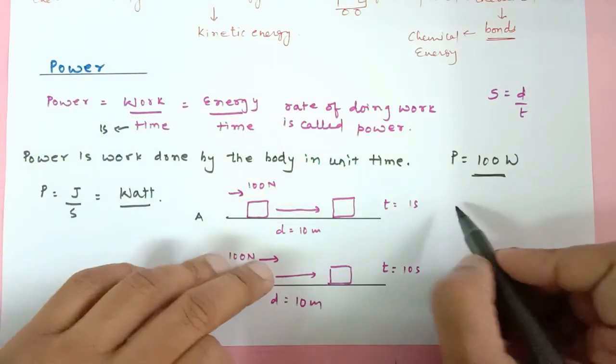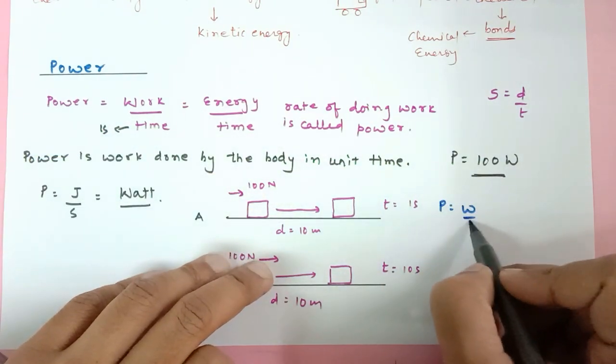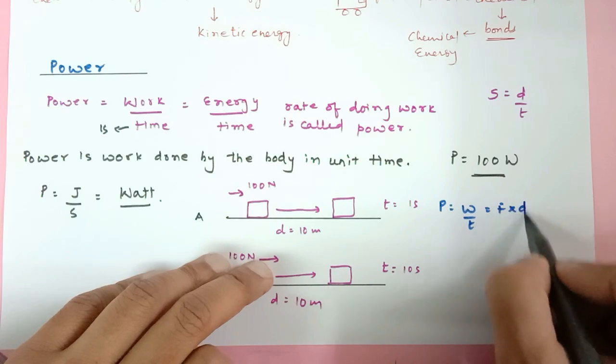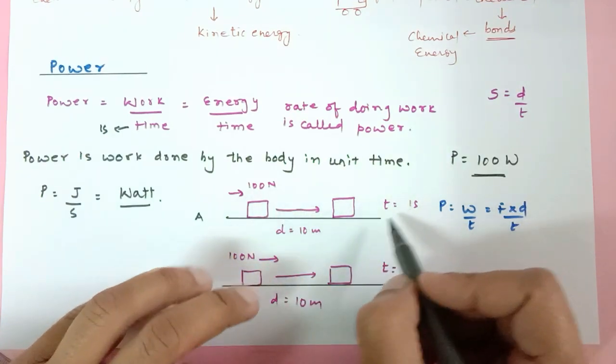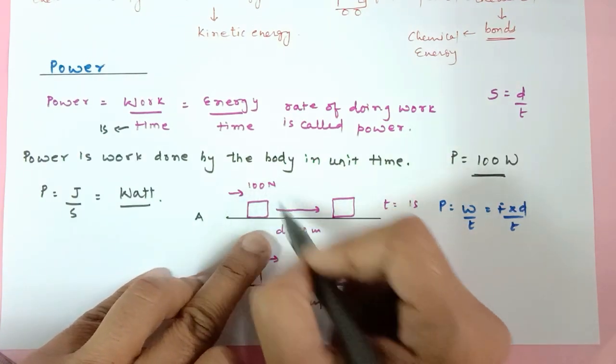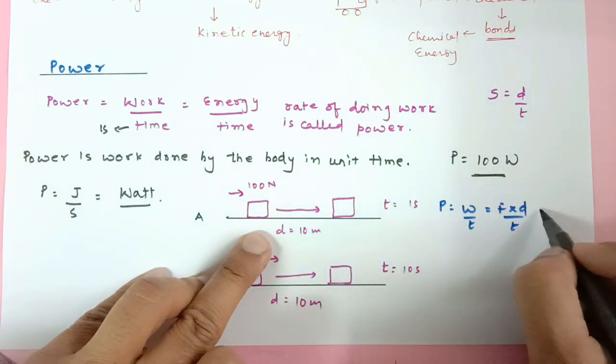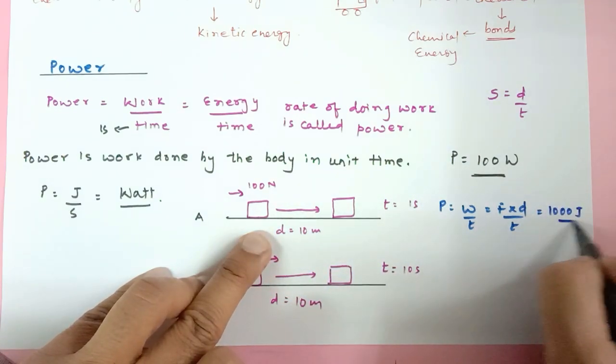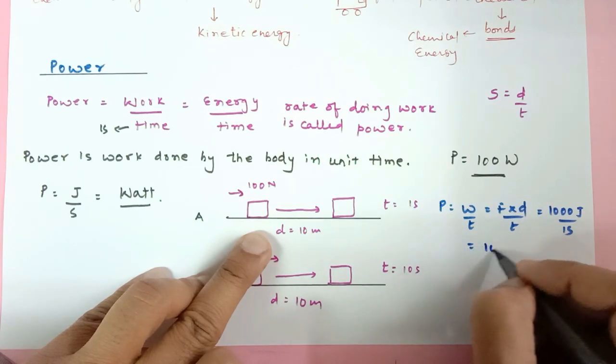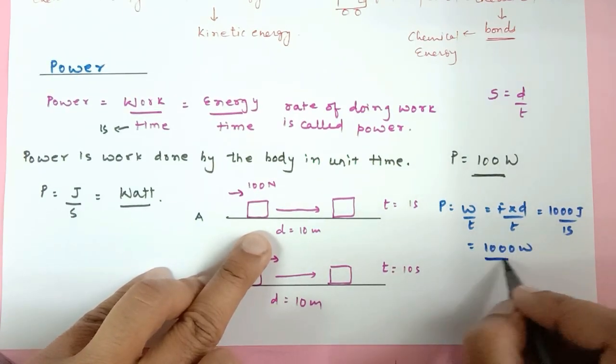So this reaches over here in 1 second. If I want to calculate power, power is work upon time. Work is force into distance upon time. That means 100 into 10, that is 1000 joule, which is the work done, divided by 1. So this is 1000 joule upon 1 second, that is 1000 watt.